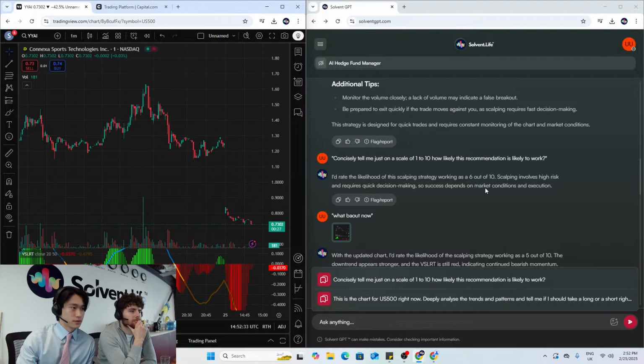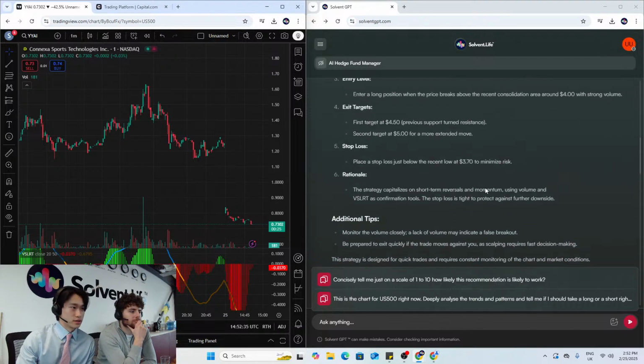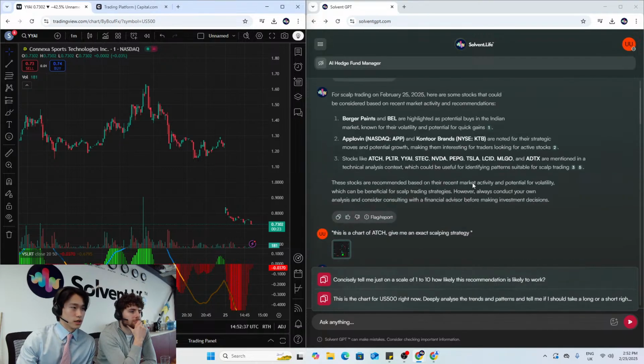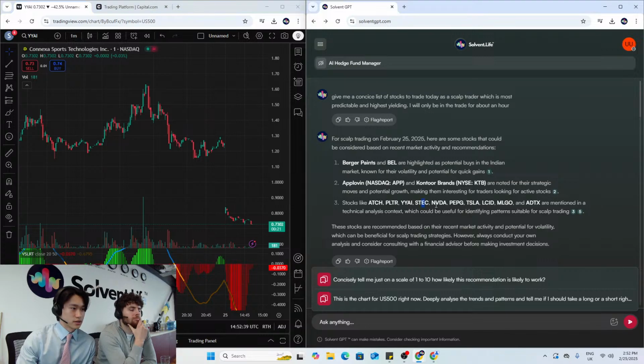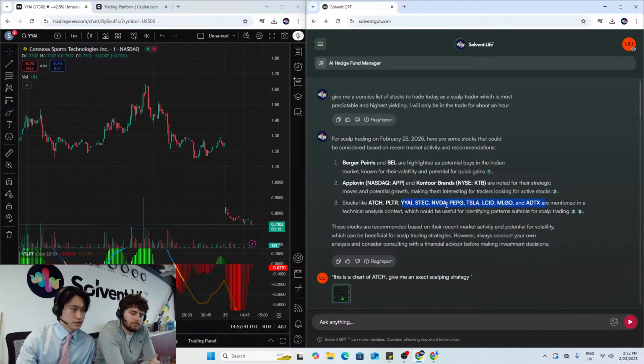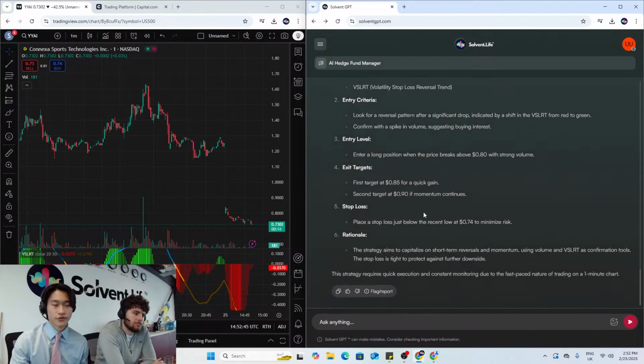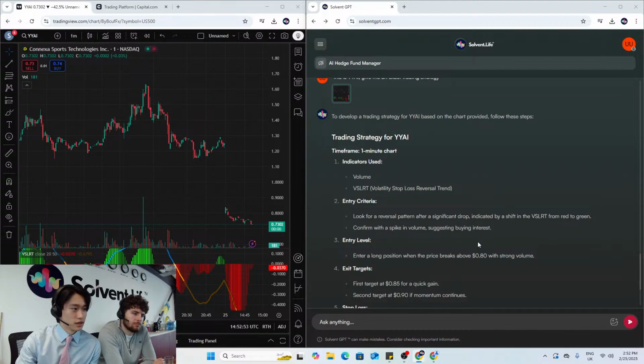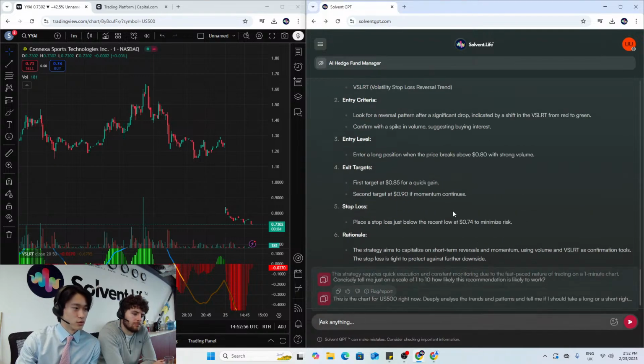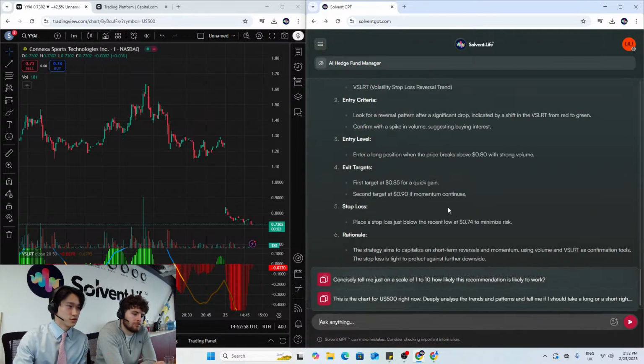So that's what it's recommended us here, a list of stocks. Checked 2 of them. At the moment, they're around a 5 or 6 out of 10 rating in likelihood of happening.